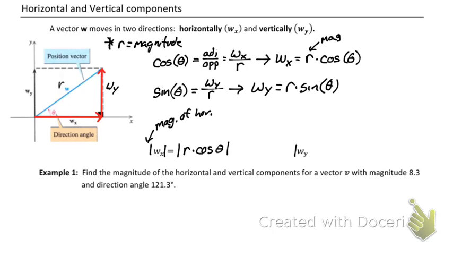Likewise, there'll be times I ask you for the magnitude of your vertical, which is going to equal the absolute value of r times sine of theta. These are good things to have memorized. If I talk about horizontal, you should think about cosine. When I say vertical, you should think of sine. It makes your life a lot easier, rather than having to solve a right triangle every single time you do one of these problems.